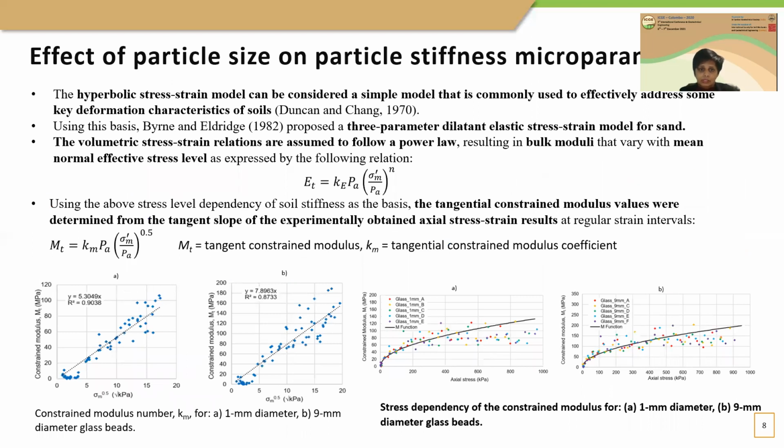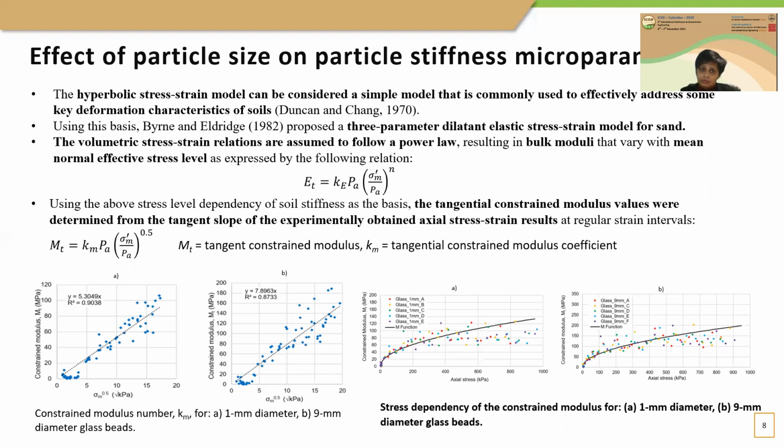Then, when we had the parameters, we tried to obtain a relationship between these individual particle stiffness parameters and the material parameters. Since we used one-dimensional compressive testing, we decided to compare our results with the tangent constraint modulus values of the material. Our approach was simple.